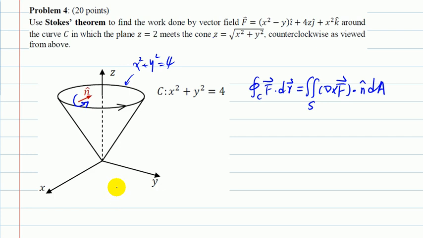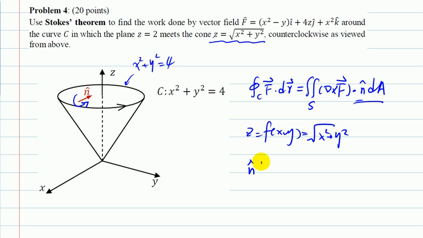Now you can go ahead and try to determine the n hat dA over here. Because we already have the surface z equal to this, it is an explicit surface. So I can write n hat dA directly as this.